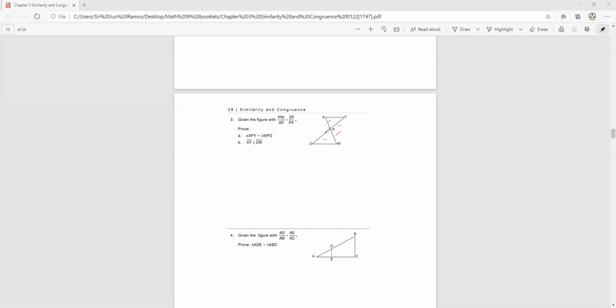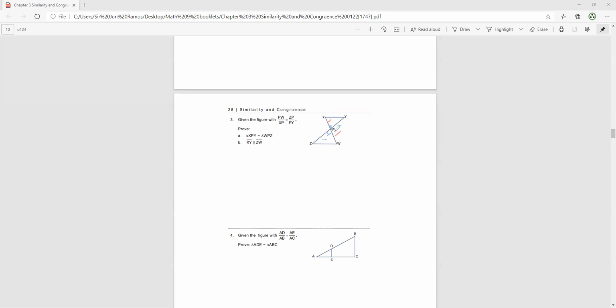We don't know the relation between the last pair of sides, but I know that this angle here and this angle here are congruent because they are vertical angles.